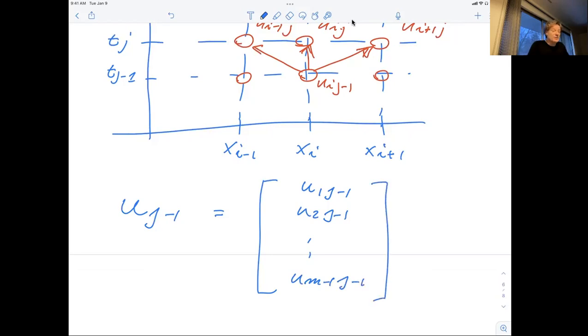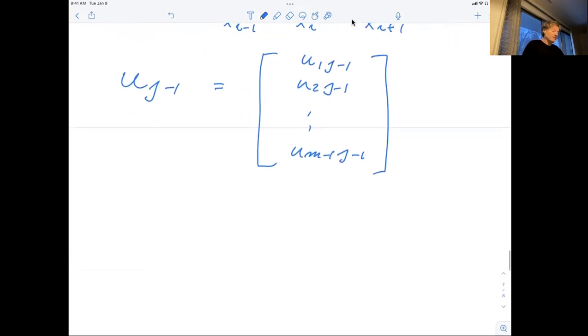And similarly, we will have the unknown quantity, the new vector u of j. This is given by u of 1 of j, u of 2 of j, and all the way down to u of n minus 1 of j.